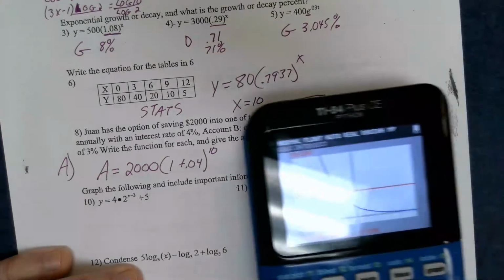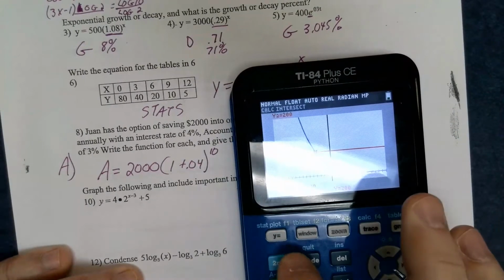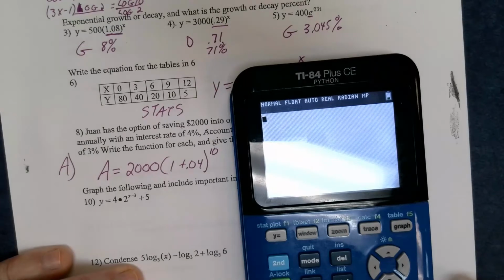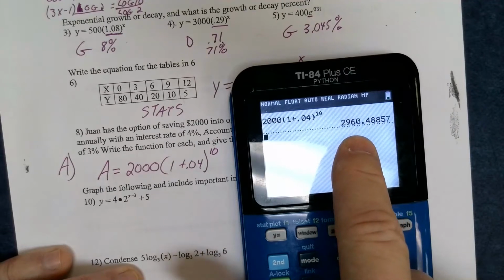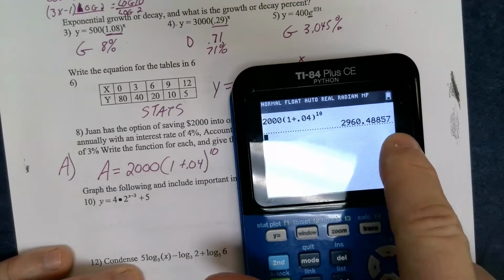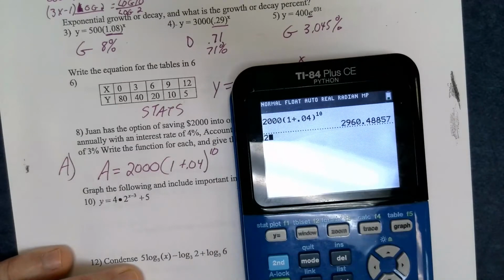We can do both these on our calculator here. So I'm going to even do this on my home screen because there's nothing I need to graph for this. 2,000 parentheses 1 plus 0.04 close parentheses raised to the 10th, $2,960.48 or 49 cents if I round up. 2,000 parentheses 1 plus 0.03 divided by 12, close parentheses raised to the 12 times 10.